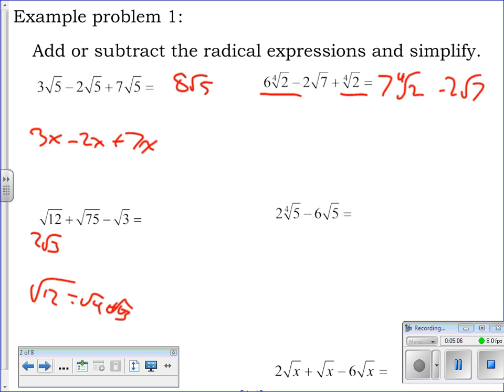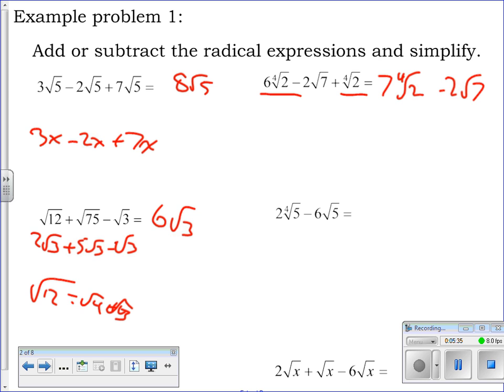And then can I do the same thing with the square root of 75? Does 3 go into 75? Yeah, 25 times. So 75 is 25 times 3, so this is 5 root 3. So I have 2 root 3 plus 5 root 3 minus 1 root 3. 5 plus 2 is 7. 7 minus 1 means I have 6 root 3.